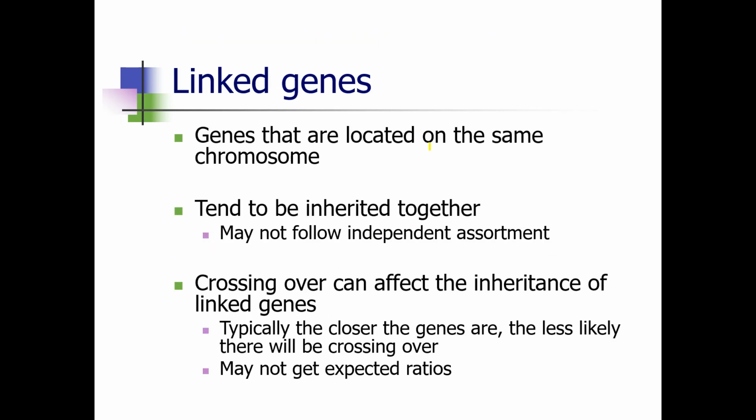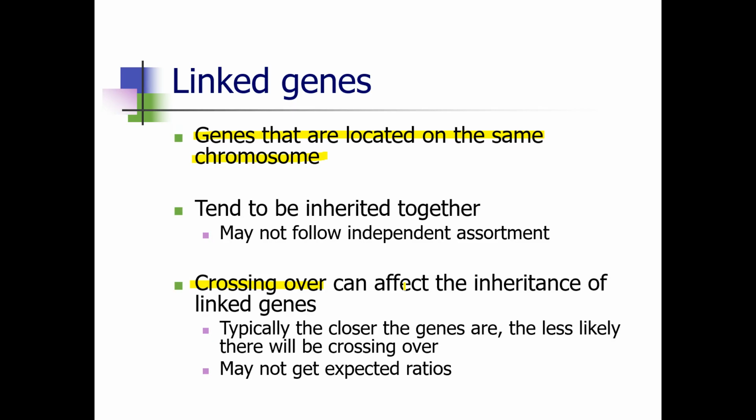So there are some other ways that we could not get those Mendelian ratios, and it could be if the genes are linked. Linked genes are genes that are on the same chromosome, so a lot of times they will be inherited together. The only way that they would not be inherited together is if crossing over caused them to be separated, okay?